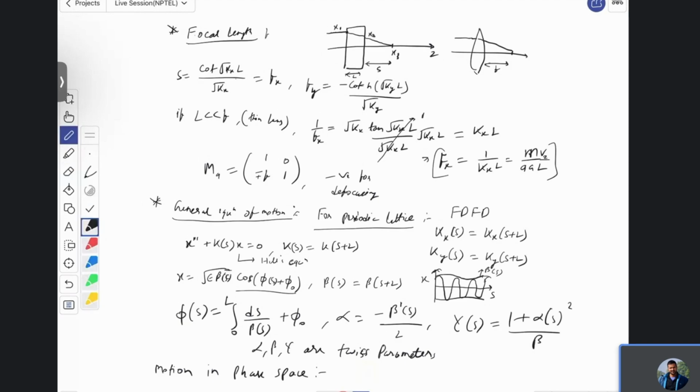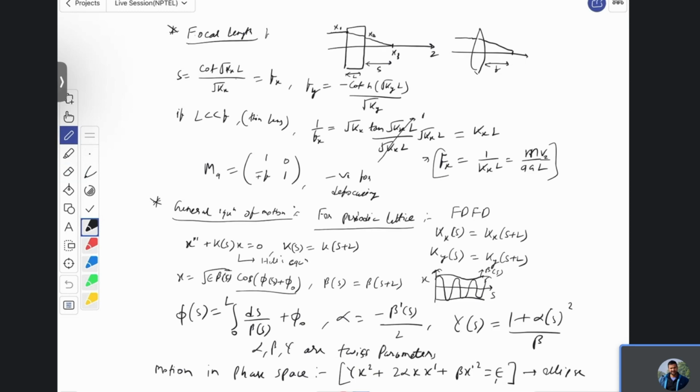So this is the equation in phase space: gamma x squared plus 2 alpha x x prime plus beta x prime squared equals epsilon, and this is the equation of an ellipse.